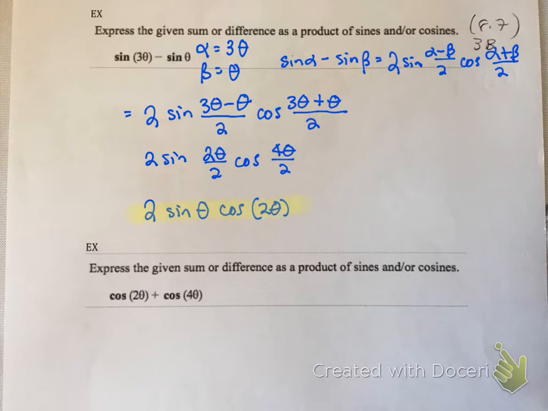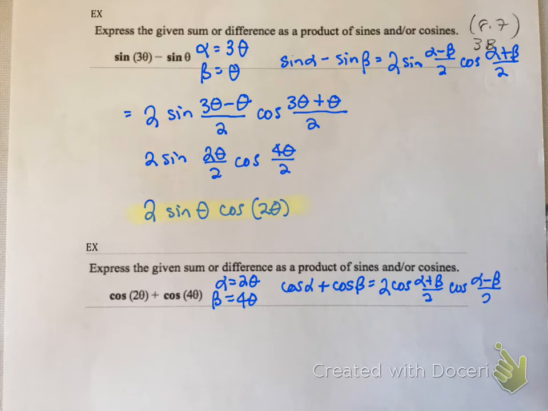So express the given sum or difference as a product of sines and or cosines. Okay, so alpha is 2 theta and beta equals 4 theta. So cosine alpha plus cosine beta equals 2 cosine alpha plus beta over 2 times cosine alpha minus beta over 2.